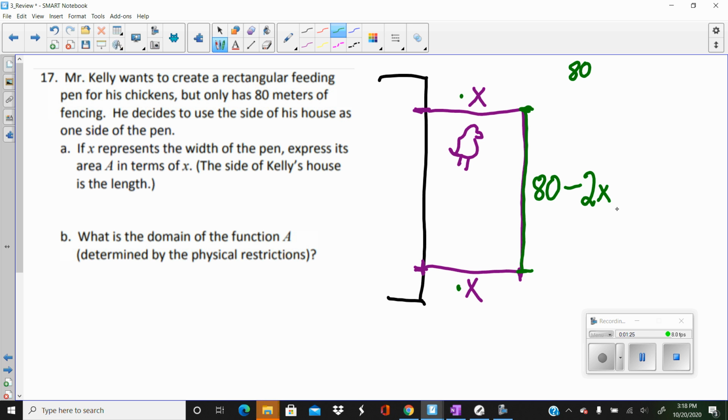So that is one way of thinking of it. If you watched some of the videos that have been done for this curriculum, you got a different kind of method of establishing that 80 minus 2x. But if you really just think about the length here, it is what's left of our fencing if we've used up X meters, and we don't know how long that is, but we can still express it in terms of X.